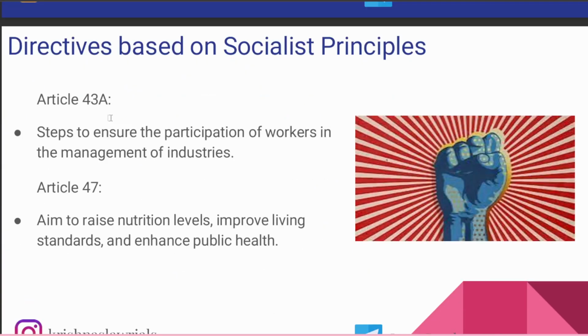Coming to Article 43A, steps to ensure the participation of workers in the management of industries, that every worker should participate in the management of industry. Article 47 says its aim is to raise the nutrition level, improve living standards, and enhance public health. So here every person's standard of living should improve and health should be enhanced.